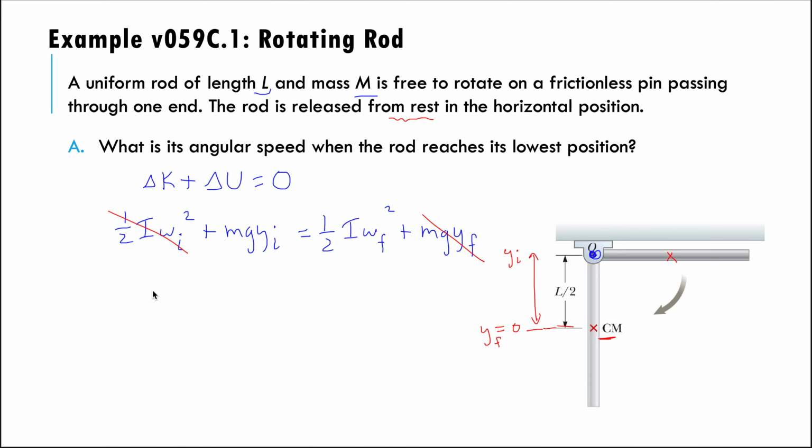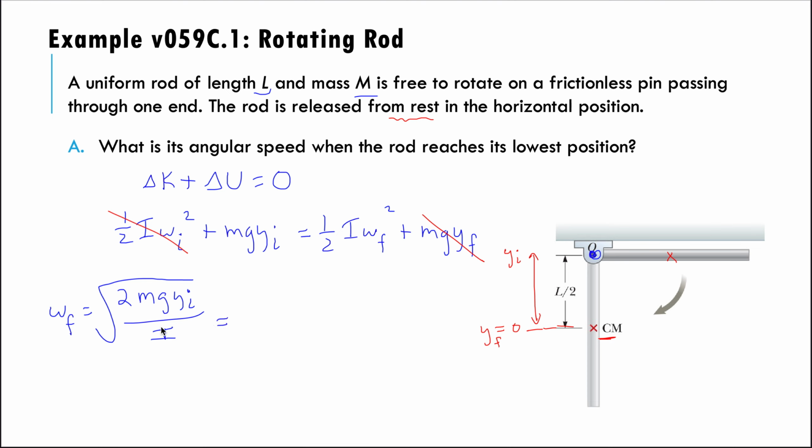We're going to get mgy initial times 2 divided by I, and take the square root of this to get omega final by itself. So I multiplied by 2, I divided by I, then I took the square root.